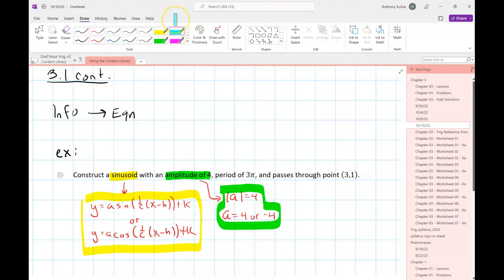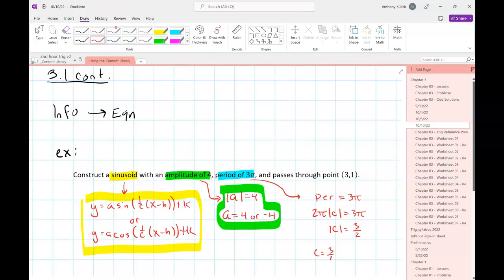Okay. Then it tells us the period is 3 pi. What do we know about the period? Yeah, so great, the period was 2 pi over the absolute value of c. So if I divide both sides by 2 pi, I get that c is 3 over 2.